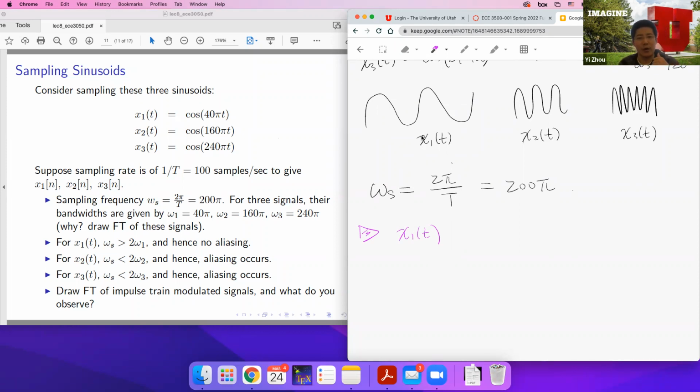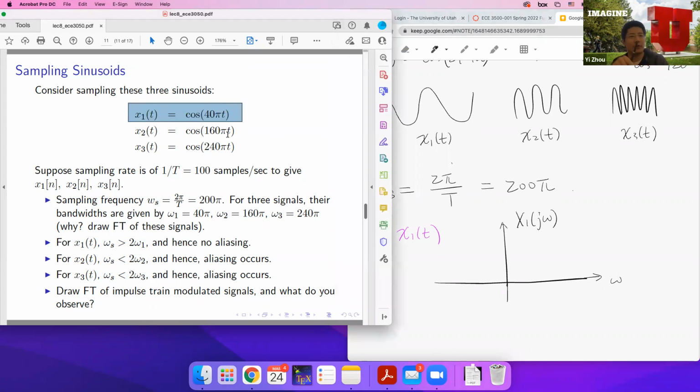First, let's plot the spectrum of x1 of t, which is X1 of j omega. Given x1 of t as cosine 40 pi t, we can plot this.